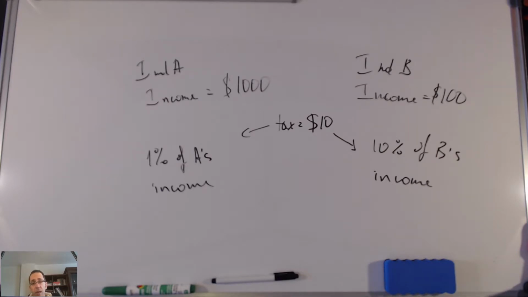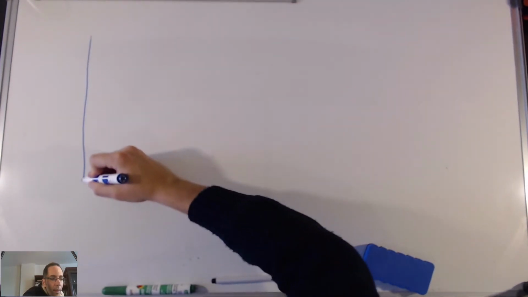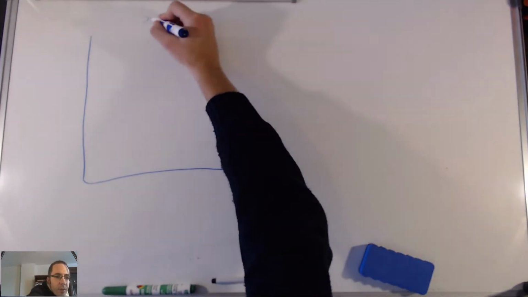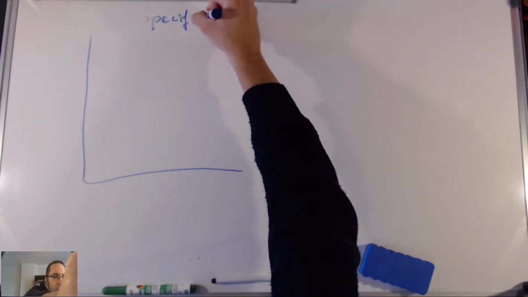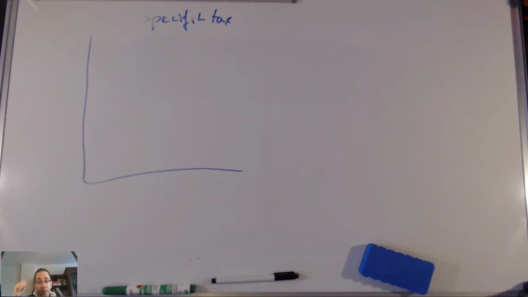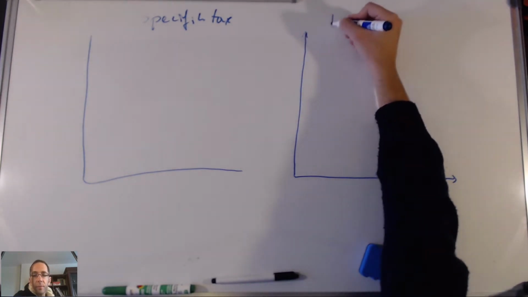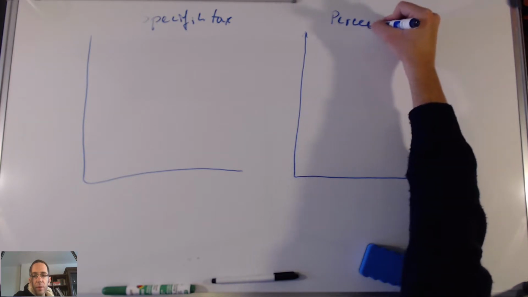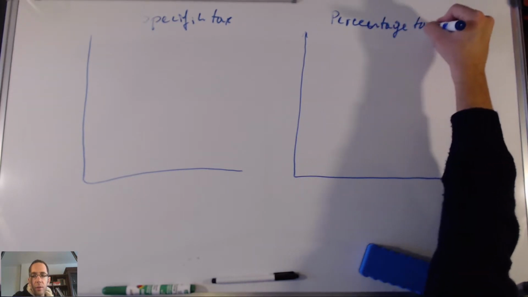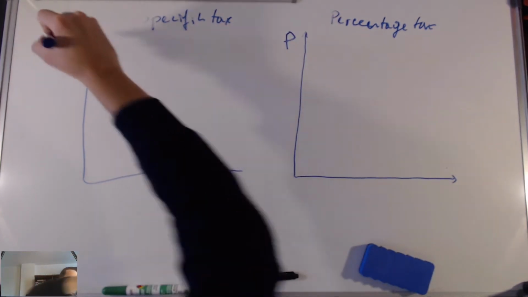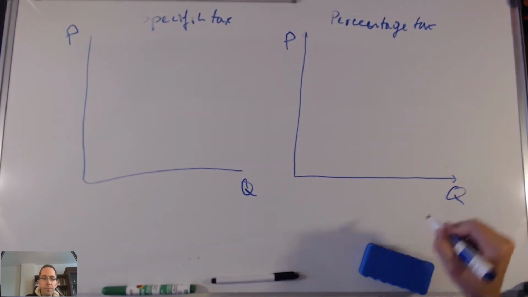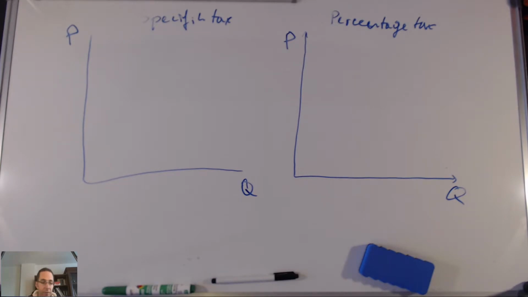Next, we are going to have a diagrammatic comparison between specific taxes and percentage taxes. We'll have a specific tax on our left and then the percentage tax on the right. So this is the price, this is the quantity. And let's start with the specific tax.